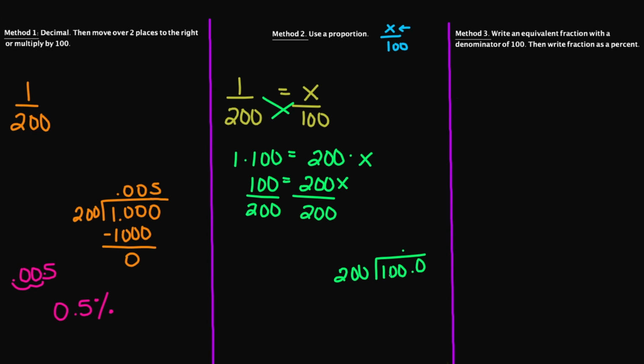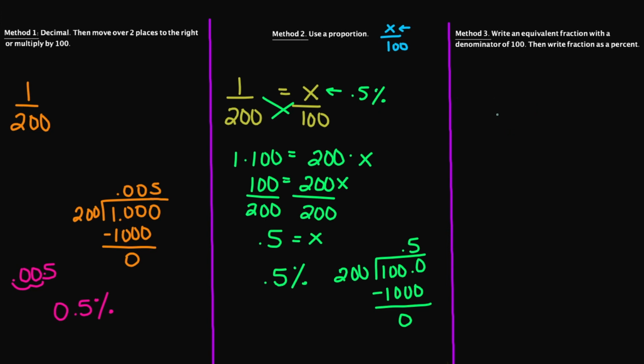What about 200 goes into 1000 now? 200 goes into 1000 5 times. So 200 times 5 is 1000. 1000 minus 1000 is going to equal 0. So x equals 0.5. And if I were to turn this into a percent, this is going to be 0.5%.